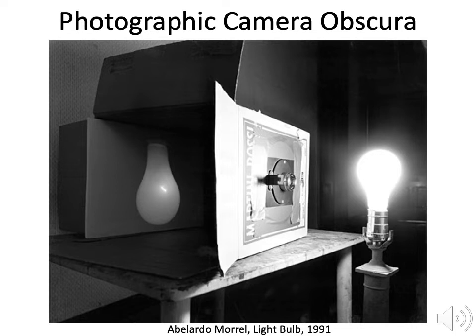The image is going to be upside down because of that small little hole, that small little aperture. So for people who are not photographers, each lens that a photographer uses has different apertures. Those are openings that are letting light into the camera.